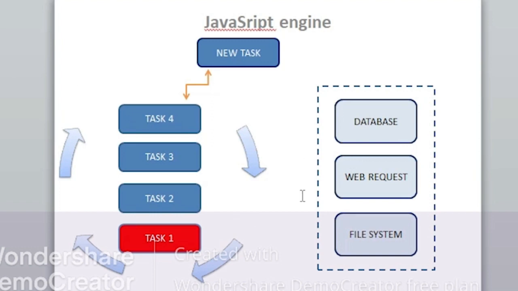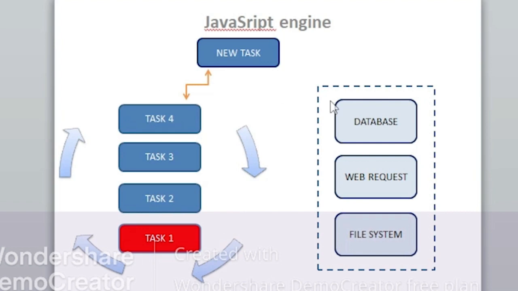What I mean by this is that, assuming you have several tasks to be done by the JavaScript engine, let's say task 1 is printing just hello world. That is just task 1. Then task 2 is printing another hello world.